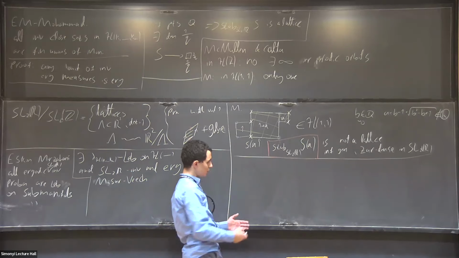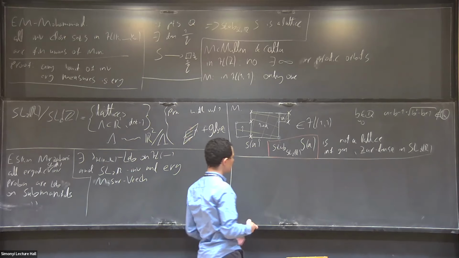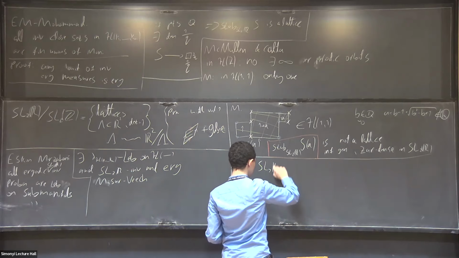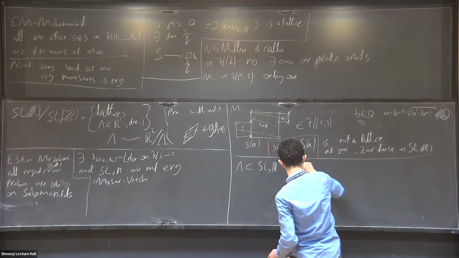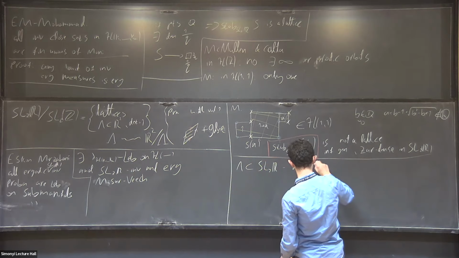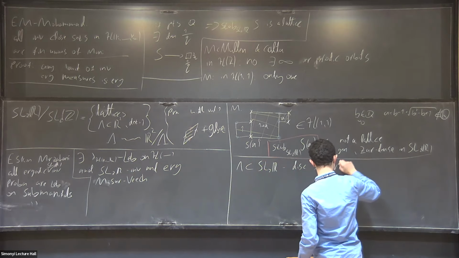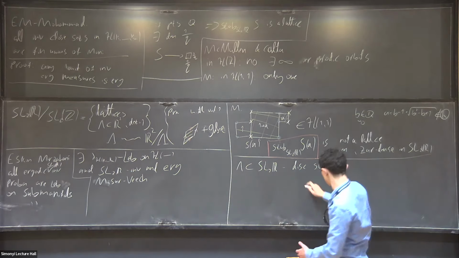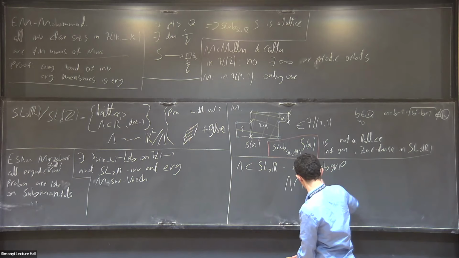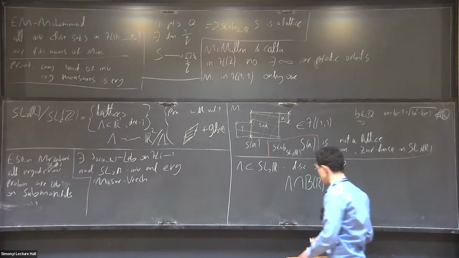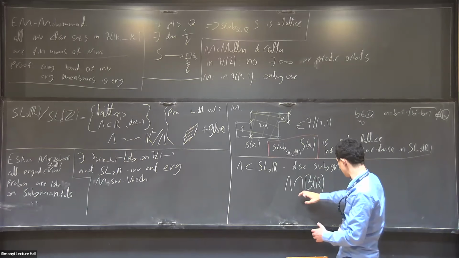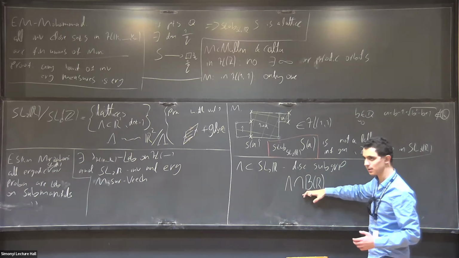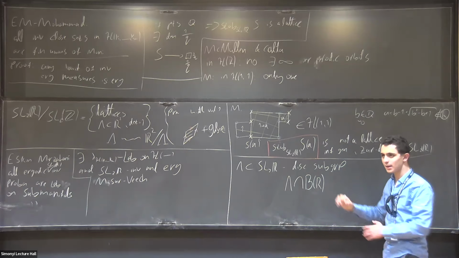Okay, so the way we want to control discrete groups is this. Suppose lambda inside SL2R is a discrete subgroup. We can intersect lambda with a ball of radius R. The volume of the ball of radius R grows exponentially, like e to the R with the right metric.